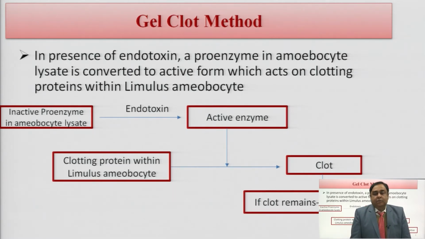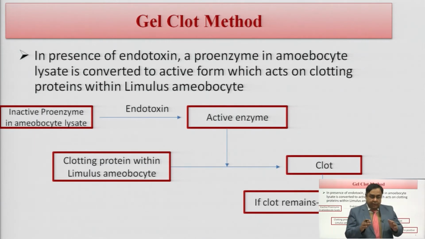That is, the endotoxin has converted the inactive form to the active form. After which it acts on the clotting protein present within the limulus amebocyte, and when it acts on the clotting protein, it is converted into a clot.